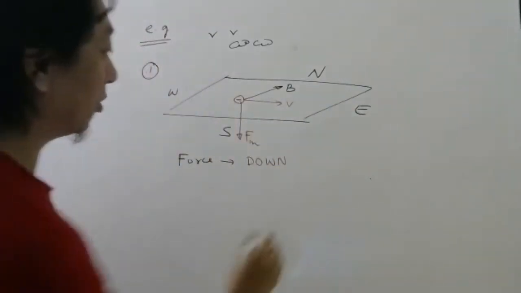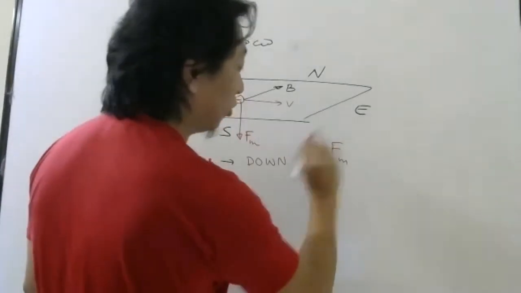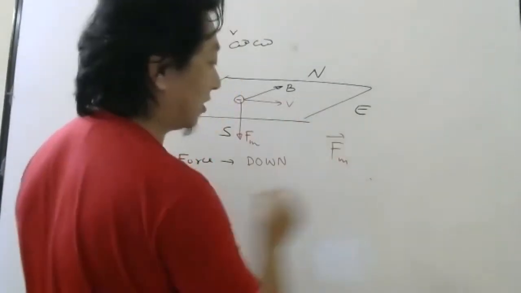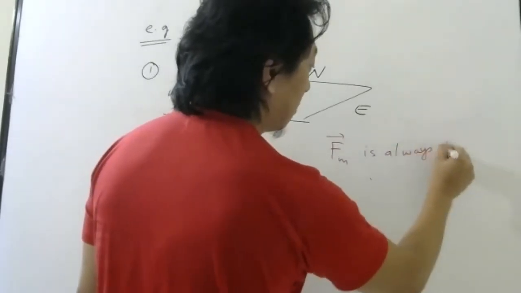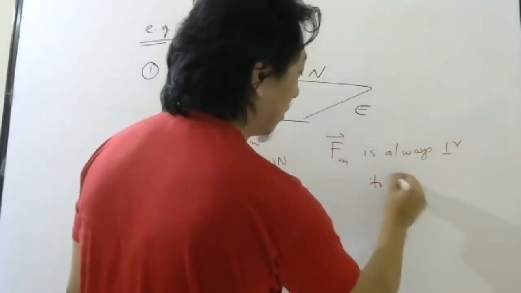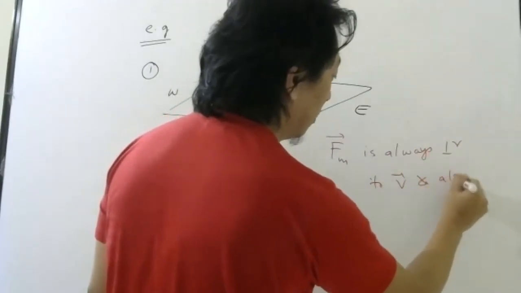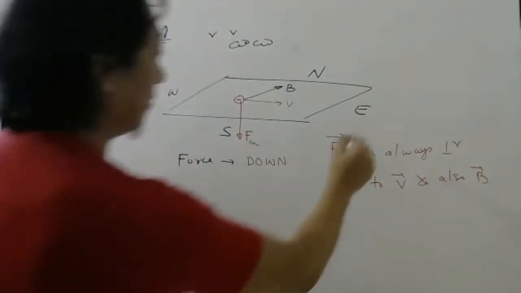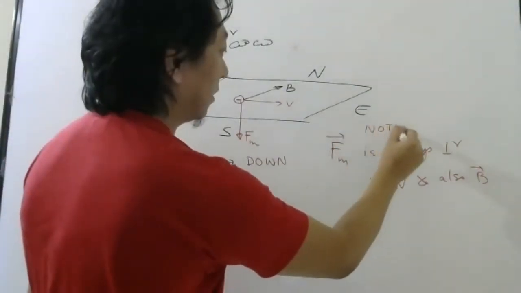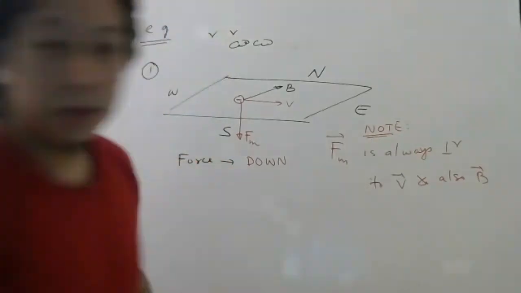So the magnetic force, write this note, very important. Magnetic force direction is always perpendicular to velocity vector and also magnetic field vector. Very, very important note. Okay, students.